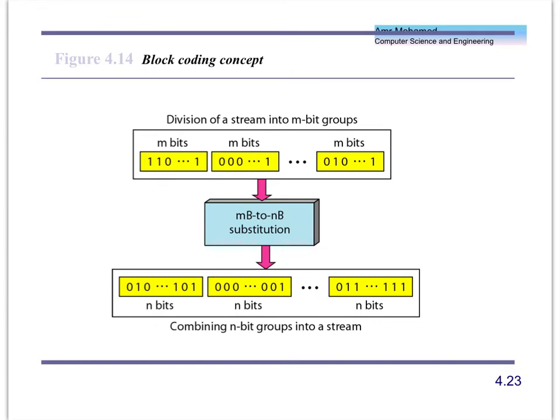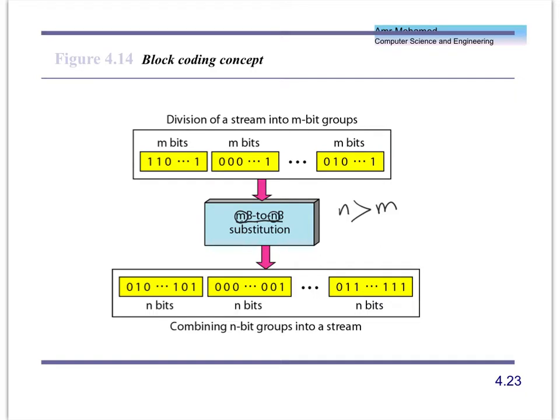So how is block coding done? It's extremely easy. On the sender side, we take m bits and convert them to n bits, where n is greater than m.